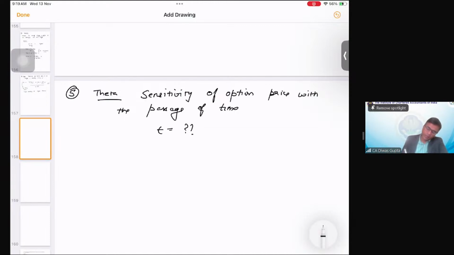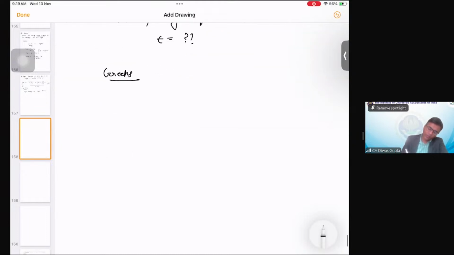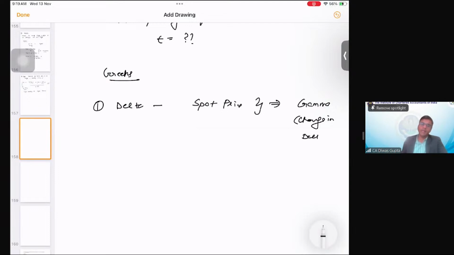Okay. So if I want to just summarize the Greeks, what all are they? One is delta, which is impacted through spot price, and another concept linked here is gamma, which measures the change in delta against the spot price.